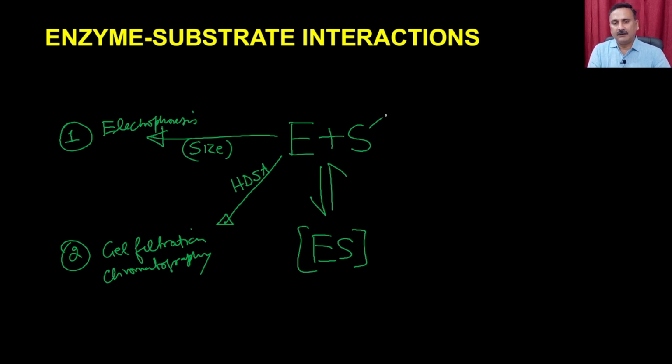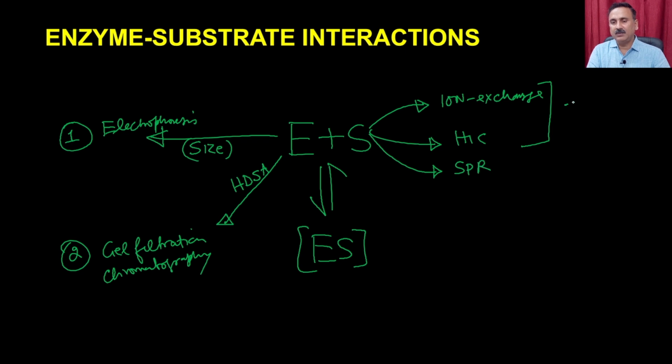And then third, you can use ion exchange chromatography, or you can use HIC in case you are expecting a change, and you can also use SPR in case you are measuring a change in the surface chemistry of the molecule and the surface is interacting.